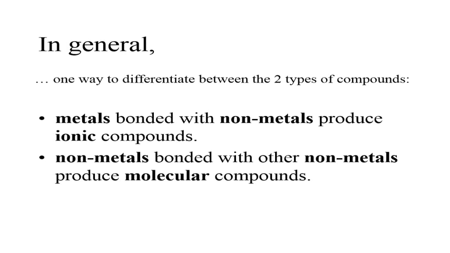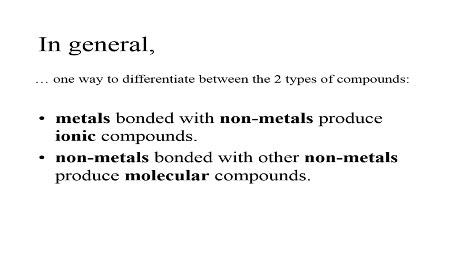Actually, the 2 types of compounds can readily be distinguished if you're given the chemical formula for the compound. Basically, under ionic compounds, I'm going to put metals bond with nonmetals.